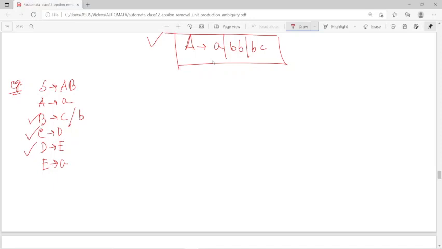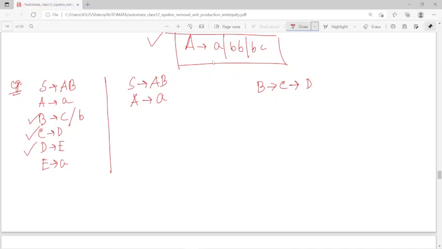So what I am writing, the new rules: S to AB, and from A to a, and from B, you just see, from B to C I am writing here, B to C. From C to D we can get, because we have to get the terminal.